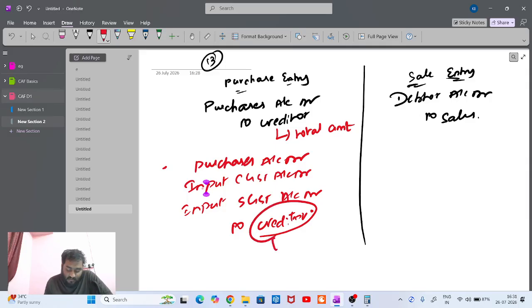The creditor is the total amount, because we do not even bother to care whether the creditor is going to pay the GST or keep it with him or whatever he does. For us, we pay the total amount to the creditor. For our clarification, we bifurcate into input CGST and SGST. What is CGST, SGST? I'll tell you later. Here, the debtor is the total amount.